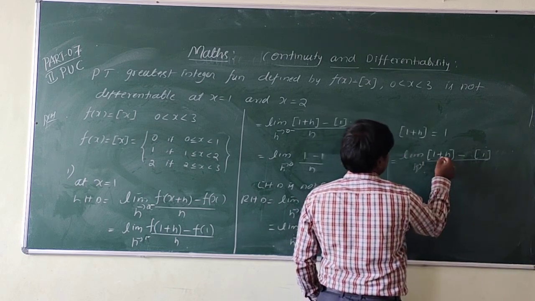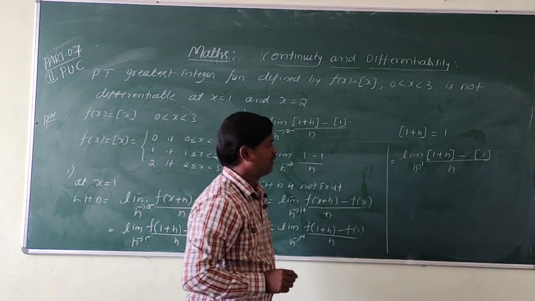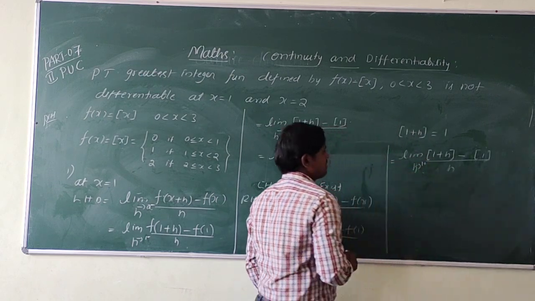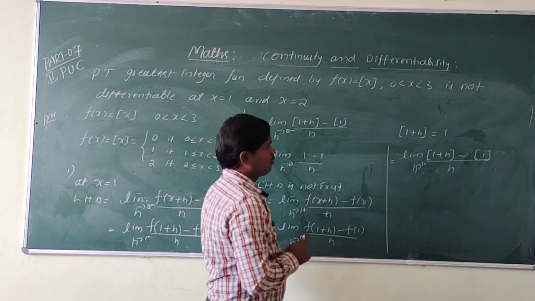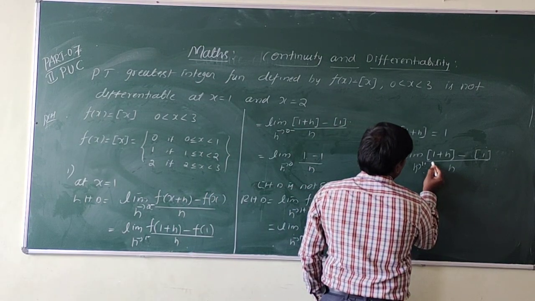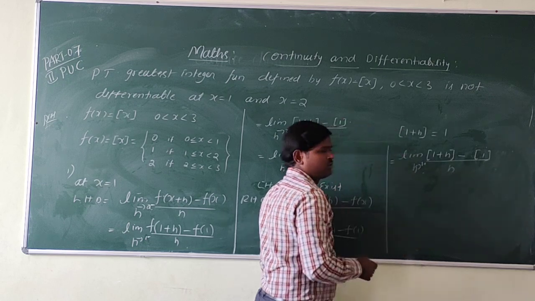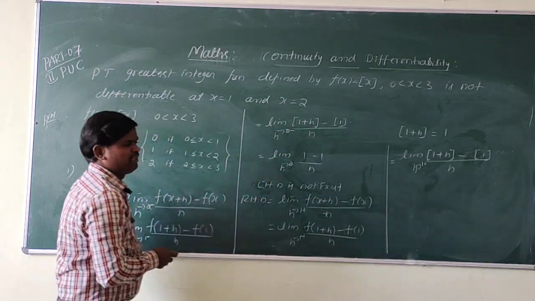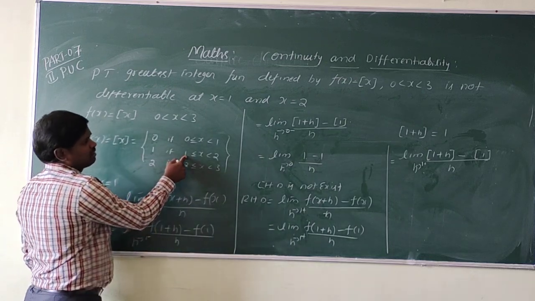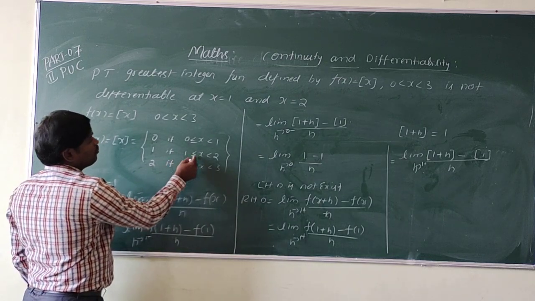So by this only we are taking 1 plus h. Okay. So what is the value of bracket of 1 plus h here? Observe here, this is a positive value, so 1 plus h lies in 1 plus.